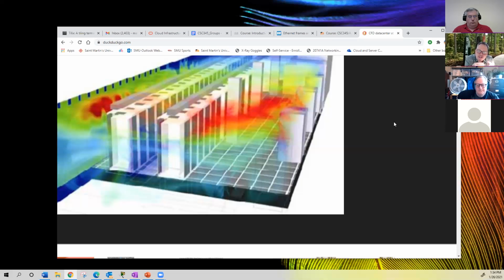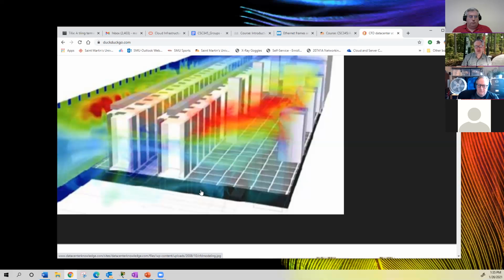And that recirculation can cause equipment to overheat and to fail prematurely. So that's what the isolation does. It blocks hot air from circulating back up and around and getting sucked back in the front of a cold aisle. So these are part of data center design in an actual data center.